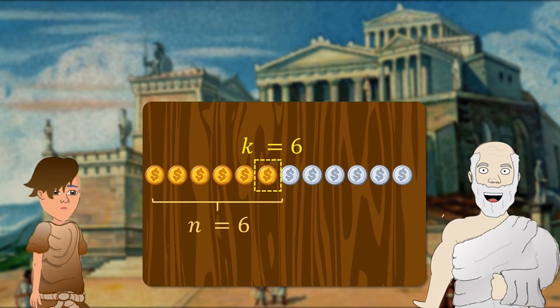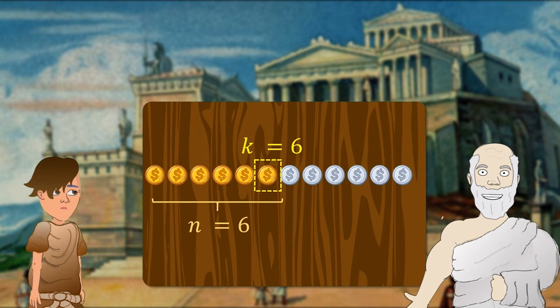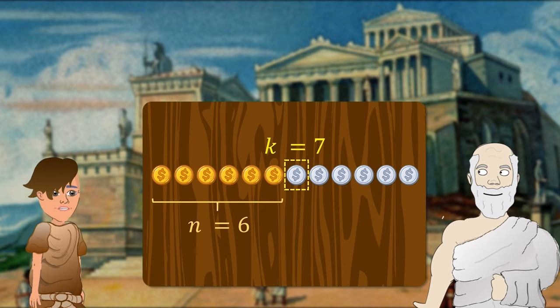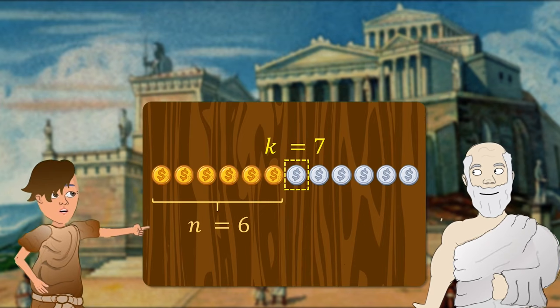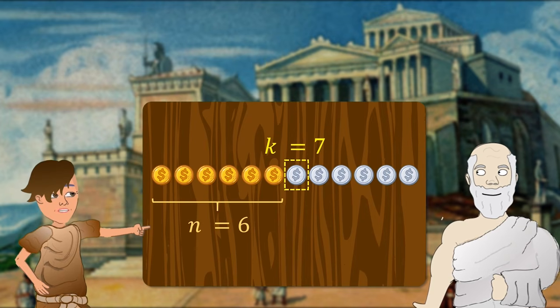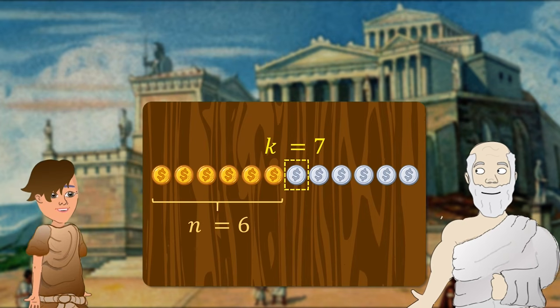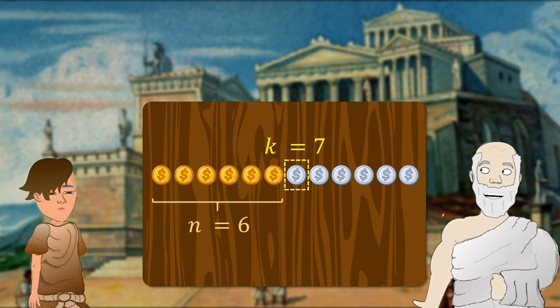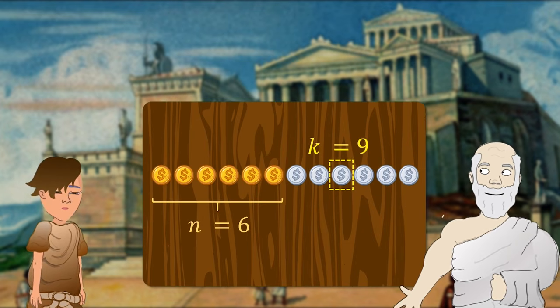And what would you say of the case where k is equal to n plus 1? It must also give a solution. Similar to above, if the chain extended to the right end of the row, the leftmost n coins would be the same already. So, do you think that all values of k larger than n give solutions to the problem?